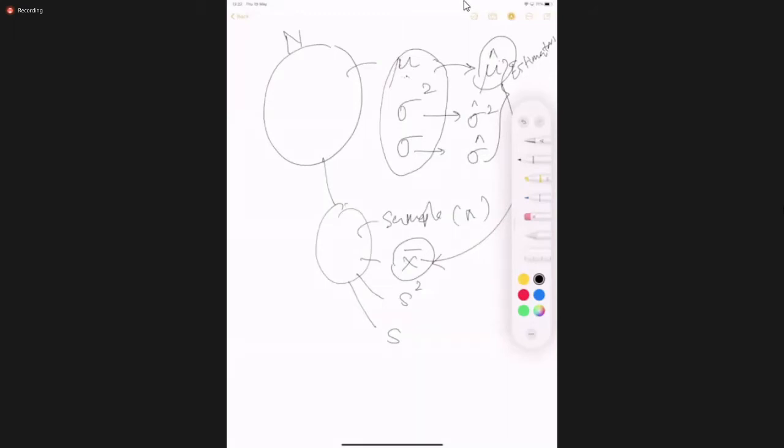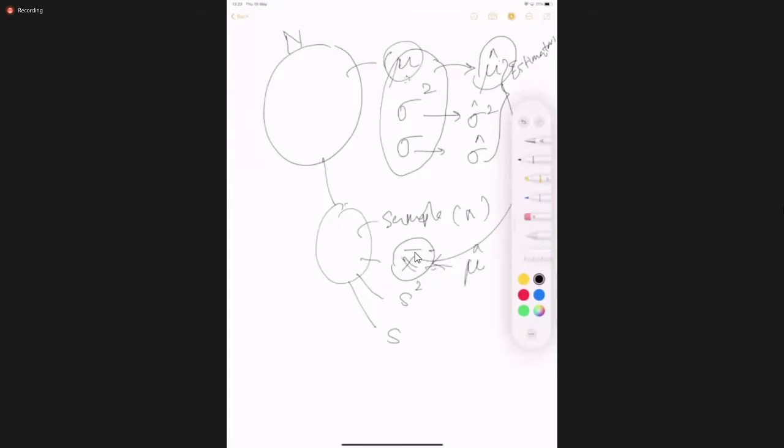If we use this X bar to estimate this population mean mu, in that case, this X bar is the mu hat.